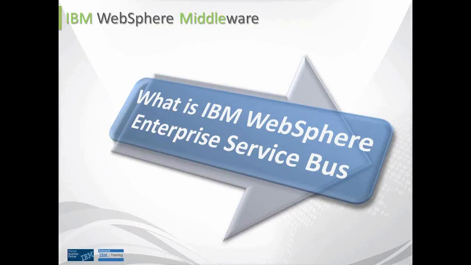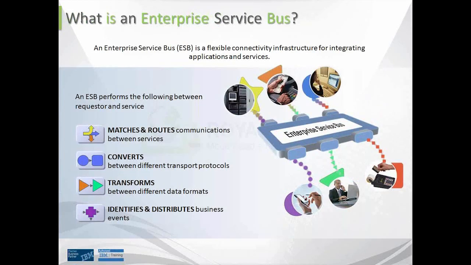Okay. So primarily here we're going to talk about WebSphere Message Broker actually. Generally a WebSphere enterprise service bus is nothing but a flexible connectivity infrastructure for integrating applications and services. These are the tasks that an ESB performs.